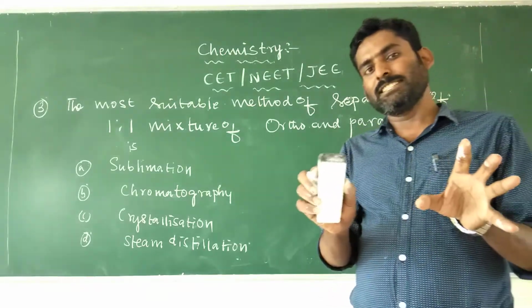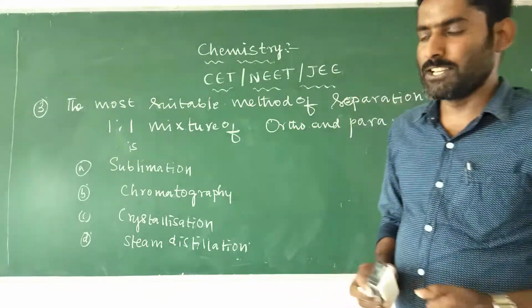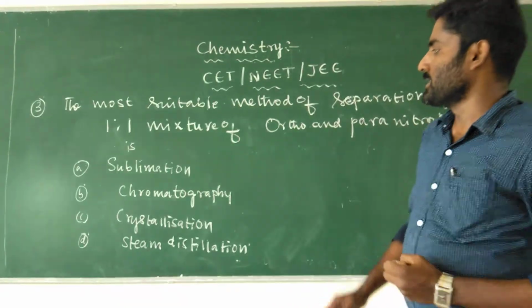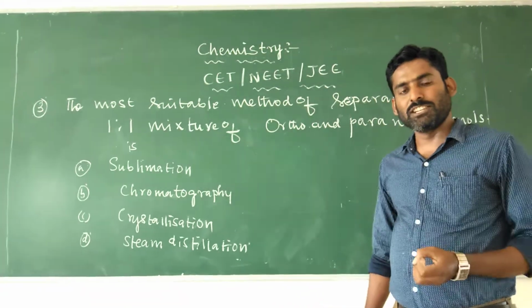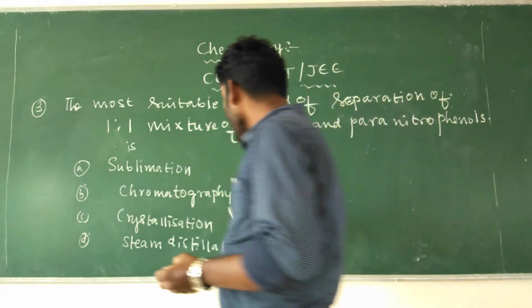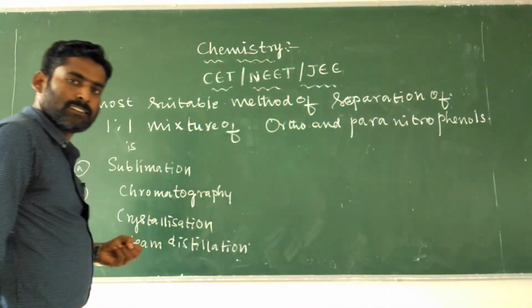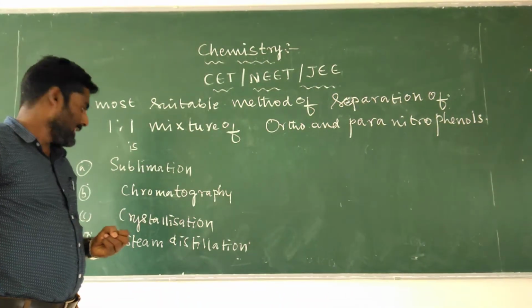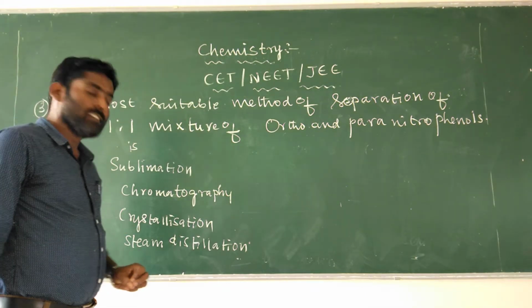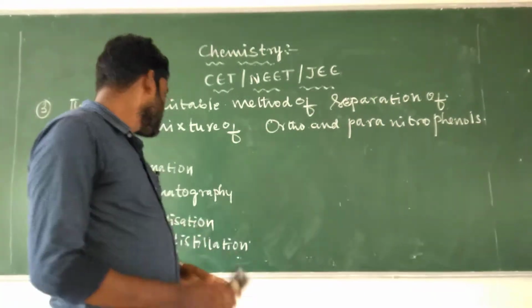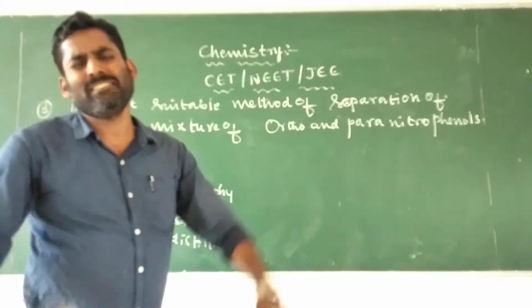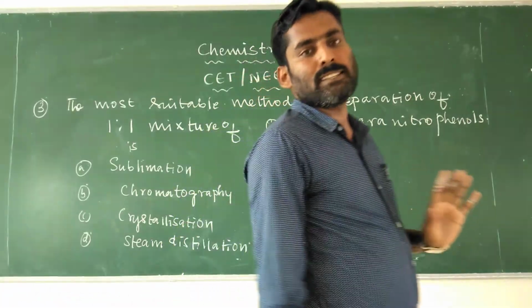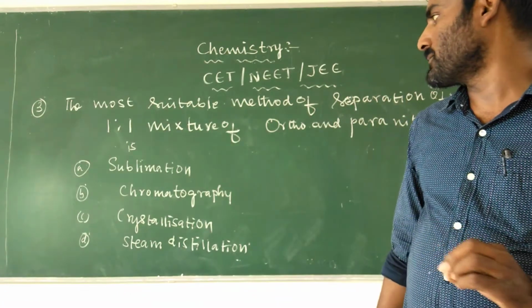In distillation itself, we have simple distillation, steam distillation, fractional distillation, and also the chromatography technique and sublimation technique. These are all the different methods of purification of organic compounds.